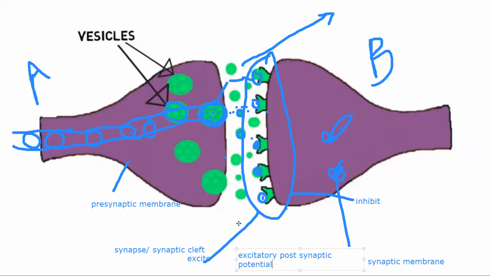So when it excites neuron B, we call it excitatory postsynaptic potential. But when it inhibits neuron B, we call it inhibitory postsynaptic potential.